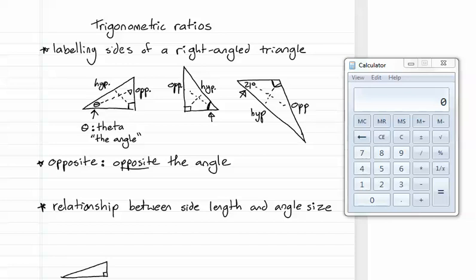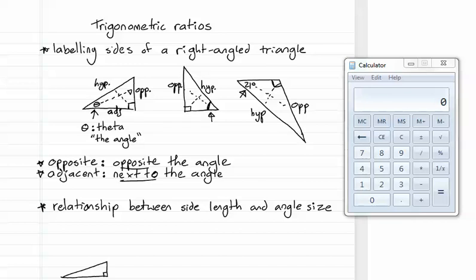The other short side is called the adjacent. Adjacent means next to. And the adjacent is the short side that is touching the angle that we care about. So in our first triangle, here it is.